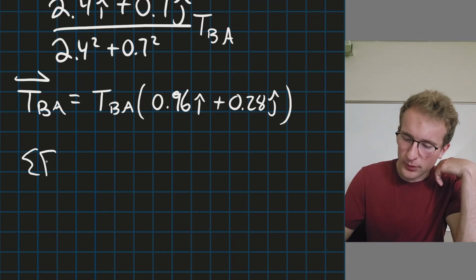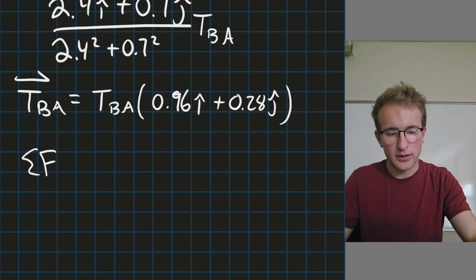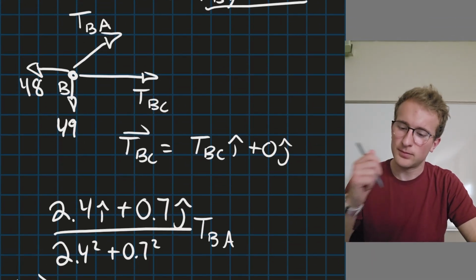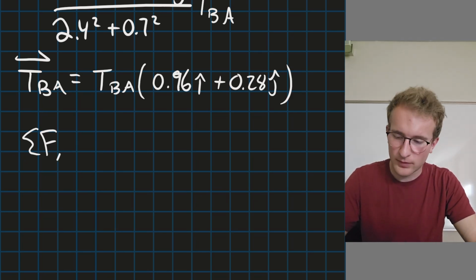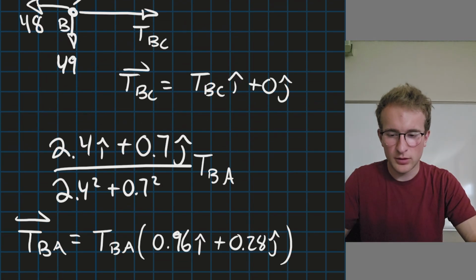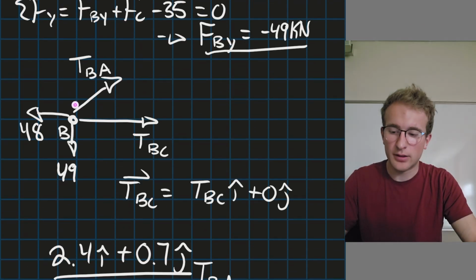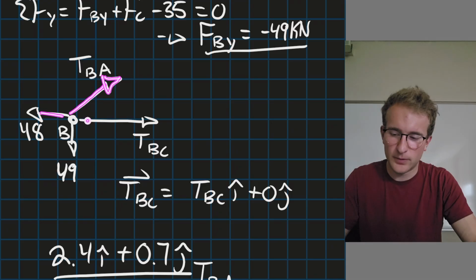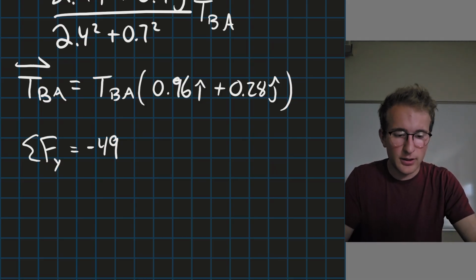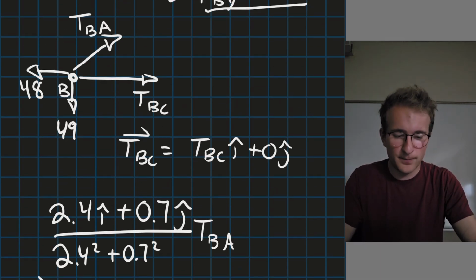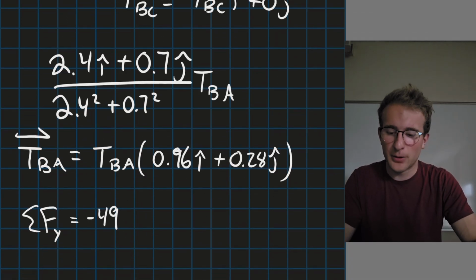So now what I'm going to do is write some of the forces in the y direction for point B. Going back up here, what forces act in the y direction at point B? Well, we have this negative 49, and then the y component from this force vector. These two forces are only in the x direction. So we have minus 49 plus the y component of this force vector, or the j hat component.